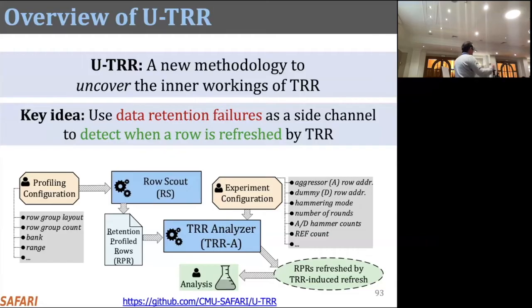And by carefully attacking rows around it, you can actually cause this refresh. And you can figure out exactly when a DRAM chip is refreshing rows. That's the beauty of doing security and reverse engineering research. You can treat side channels as your friend to understand what's going on, or you can treat side channels as something that you would use to attack things, right? Okay, so that's the basic idea.